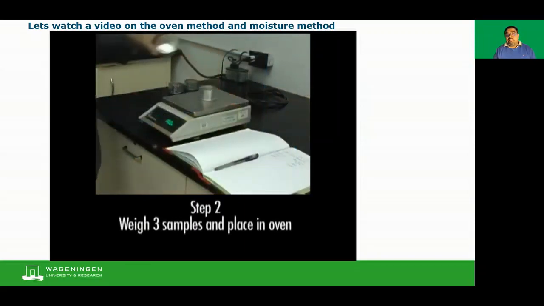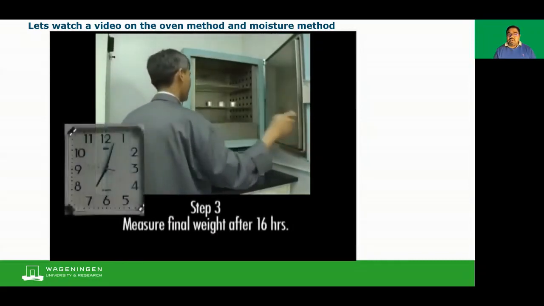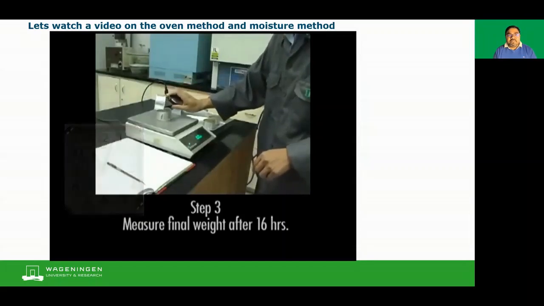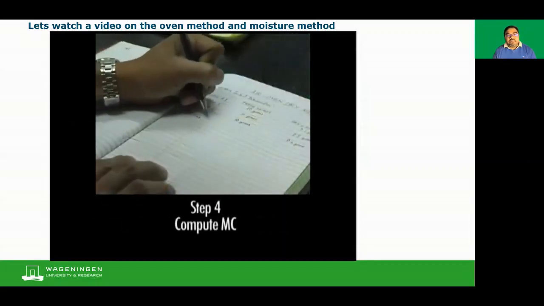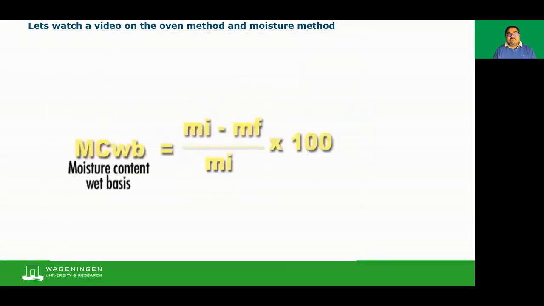And we have to weigh the samples. Normally it is done in 2 replicates or 3 replicates. The more the better, but normally 2 replicates are taken. So this is the moisture content.